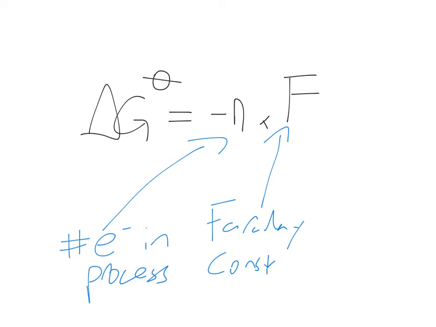And if you have a spare 10 minutes, Faraday's Wikipedia page is well worth reading. Multiplied by, this is probably the weird bit, E0. This is the standard potential of the cell.